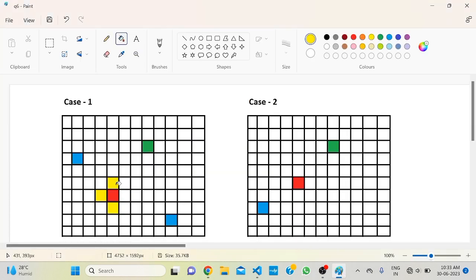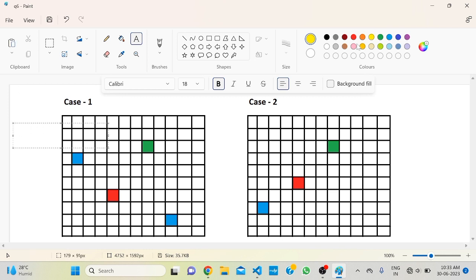Suppose this red one is A, this blue one is B, and this green one is C. Let's write it down here: the red one is A, blue one is B, and green one is C.